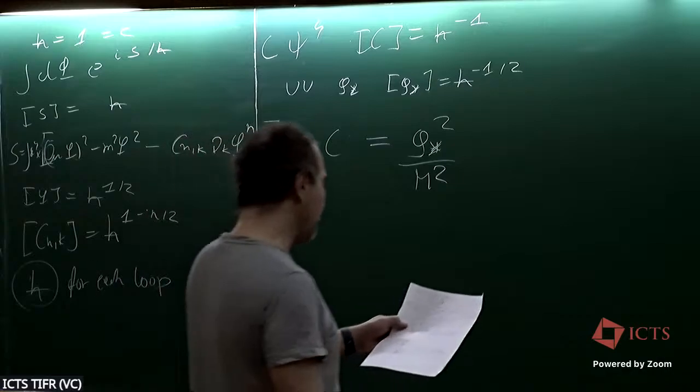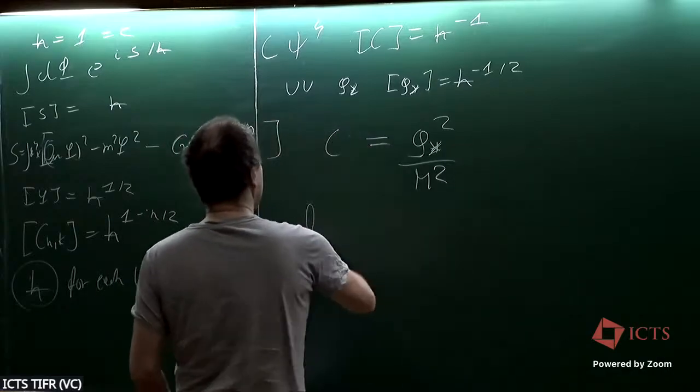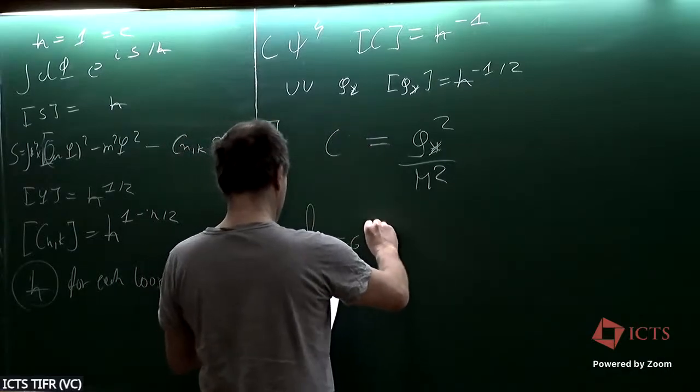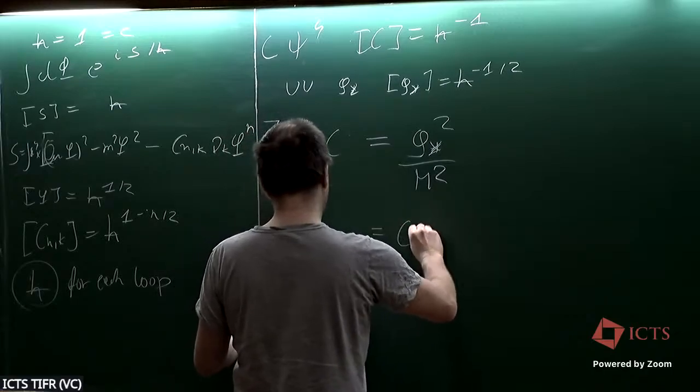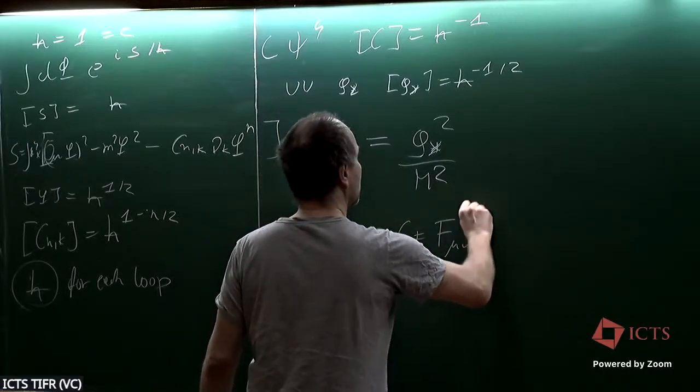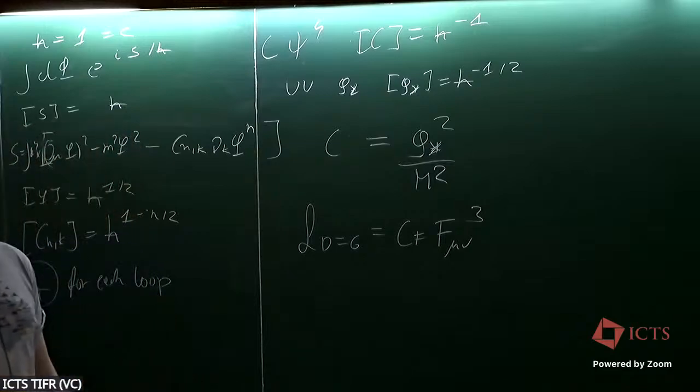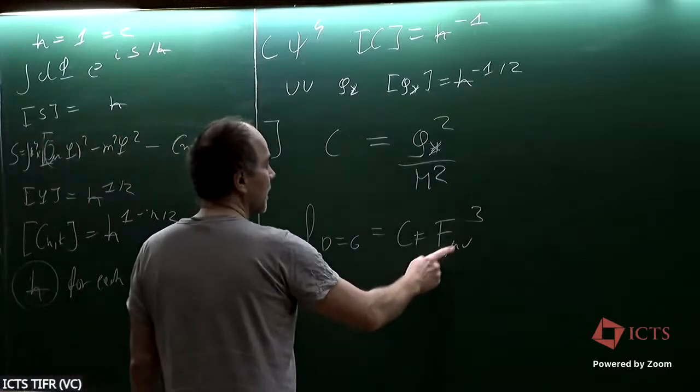But now apply this to the dimension-6 operator C_F F_μν³, one of the ones that I was saying is loop generated.